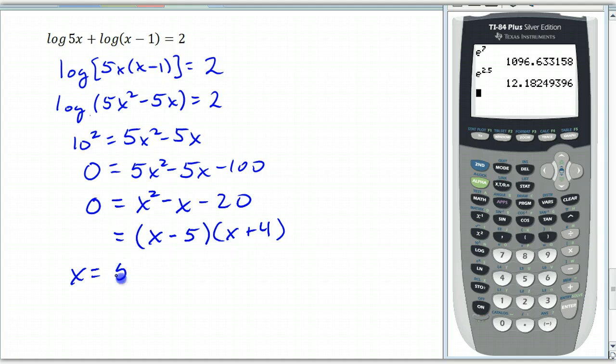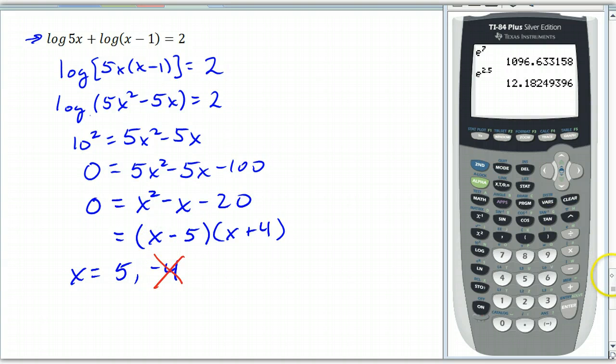So x equals 5 and negative 4. Now it's important that you always go back to your original problem and make sure your answers will work. Remember that the domain of any logarithm is always greater than 0. So that means we cannot use negative 4, because that would make us take the log of a negative number, which is impossible. So x equals 5 is our only answer.